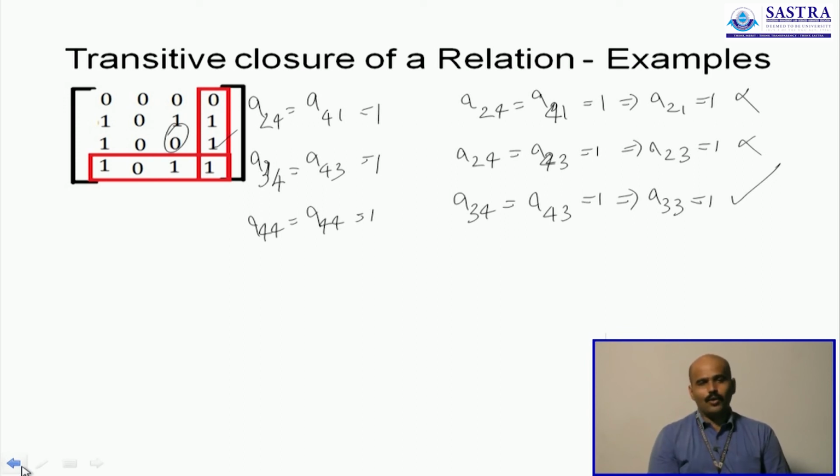We have had a look at a few examples where the relation is completely defined in terms of ordered pairs, and we have shown that they are equivalence relations, but not all relations are defined in terms of ordered pairs. There are certain relations which are defined in the form of a definition. We will consider those problems and we will show that some of them are also equivalence relations. We will have a look at that in the next class. Thank you.